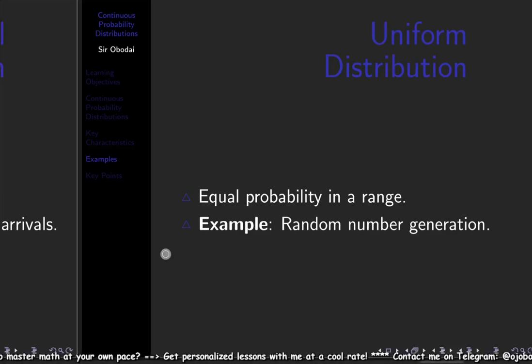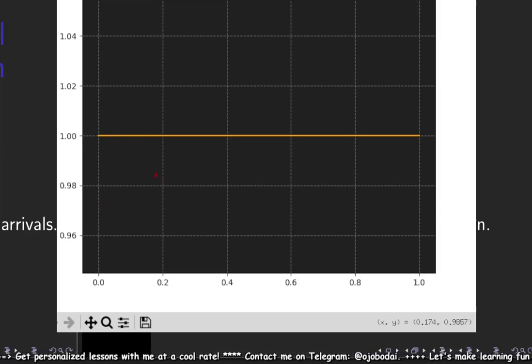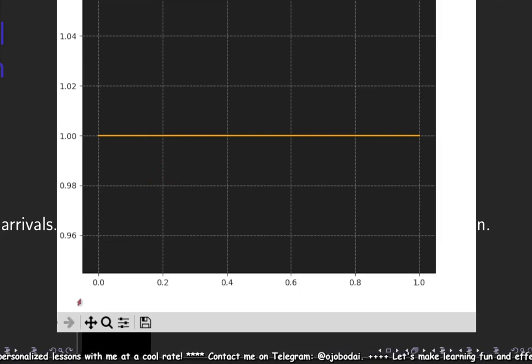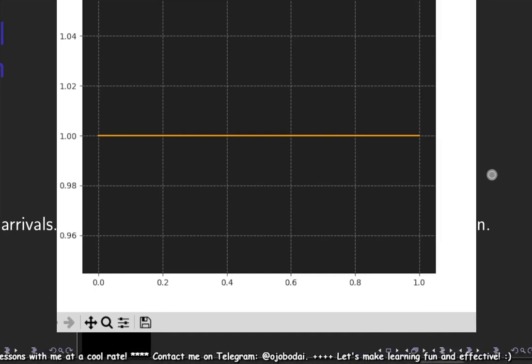Then our very last one is the uniform distribution. This is a diagram showing the uniform distribution. For the uniform distribution, every interval of the same length within the distribution range has the same probability. So if you are taking the interval from 0 to 1, they all have the same probability.